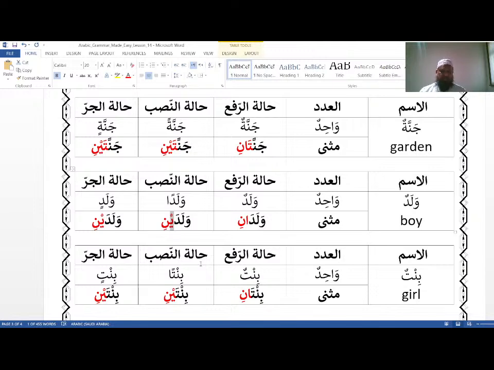Fail al-madi. And you remember, what is that noon kasra if it comes with al-fail al-madi? If noon kasra comes with an ism and it has alif or ya before it, it is muthanna, which gives us the meaning of two.